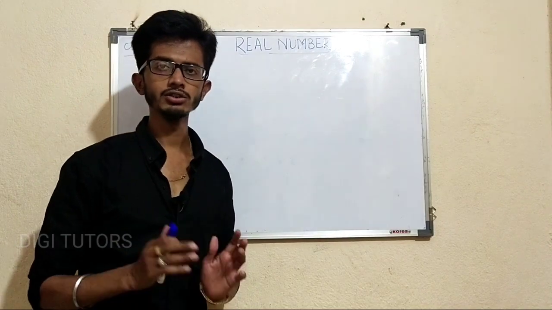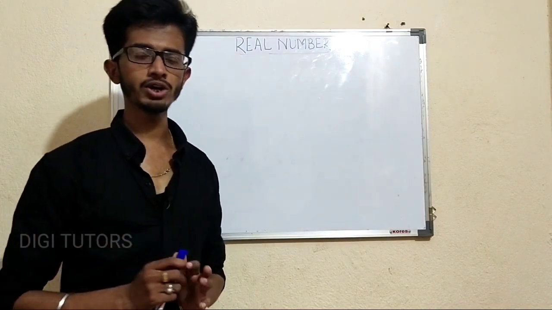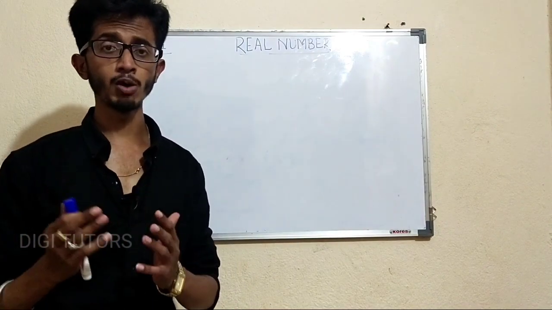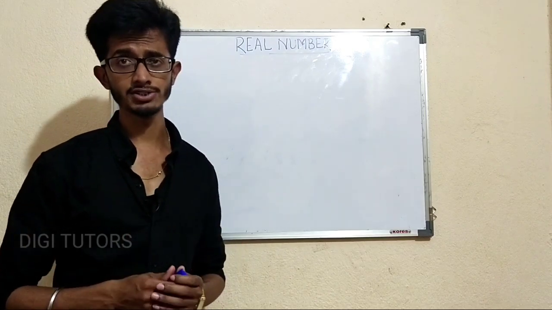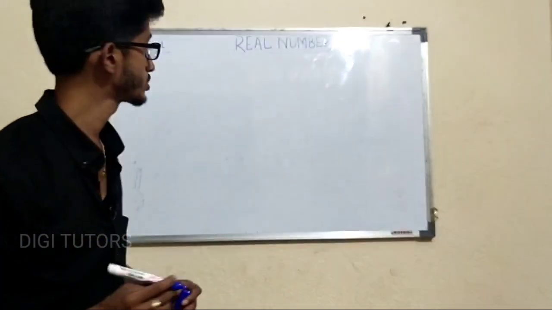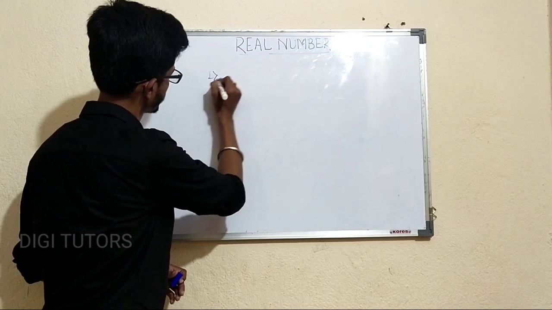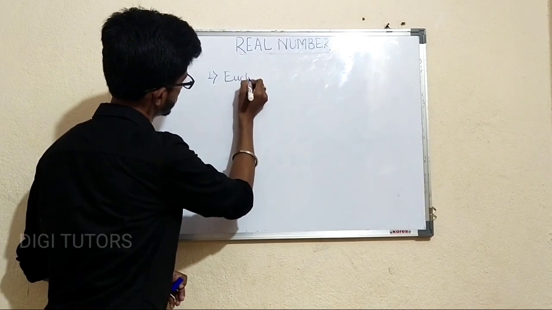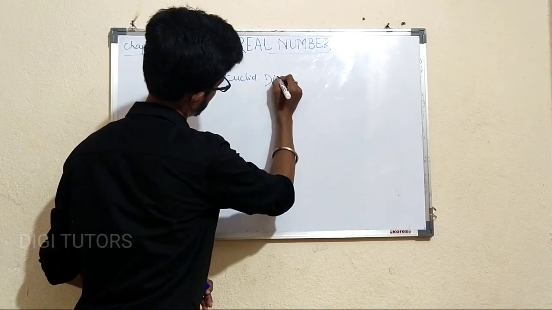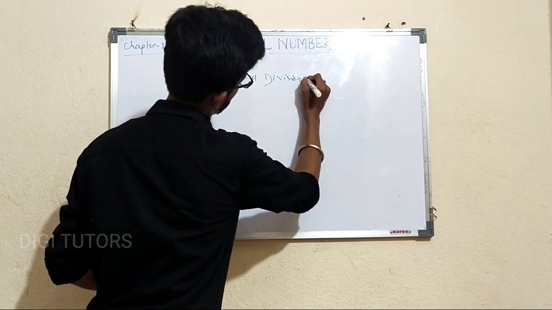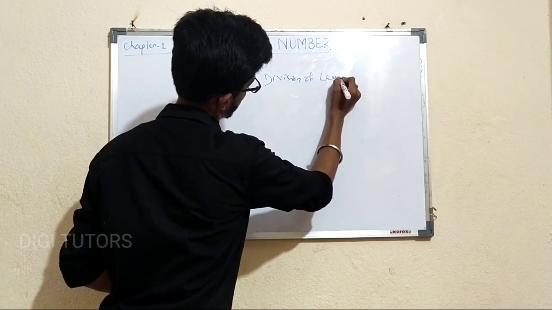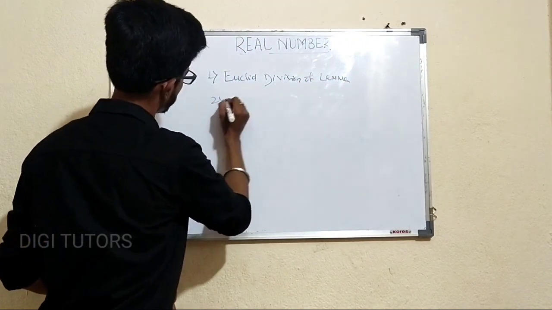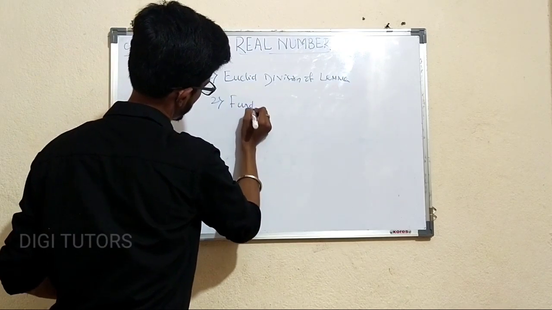Let's begin our discussion with two very important topics, that is the properties of positive integers. Mainly the first one is Euclid's division lemma, and the second one is the fundamental theorem of arithmetic.